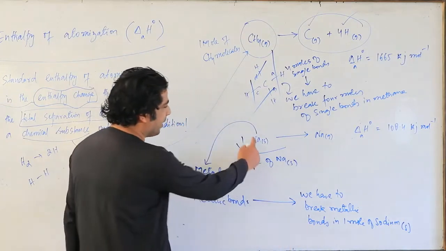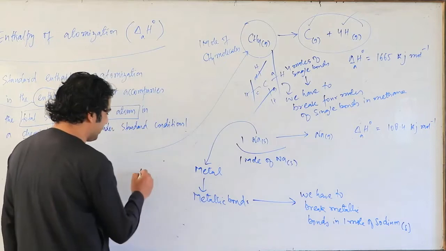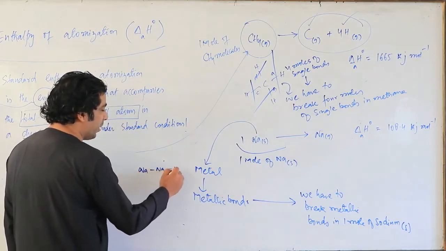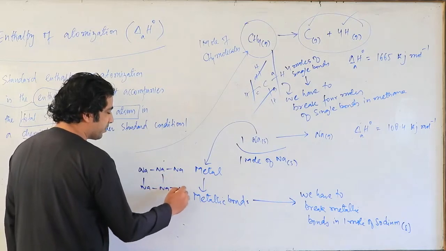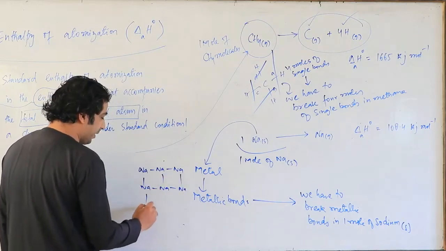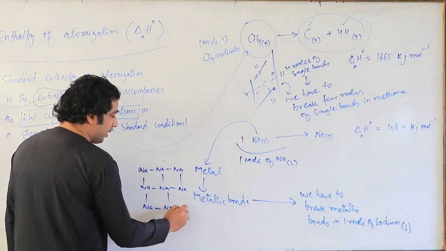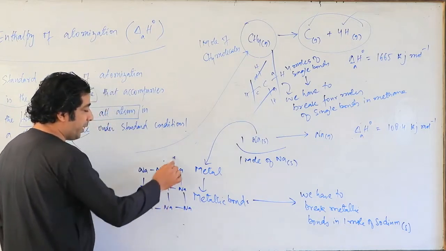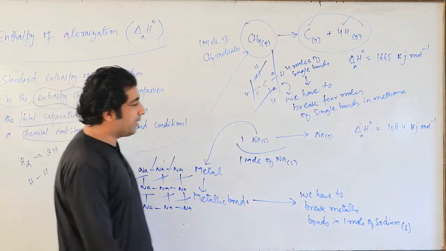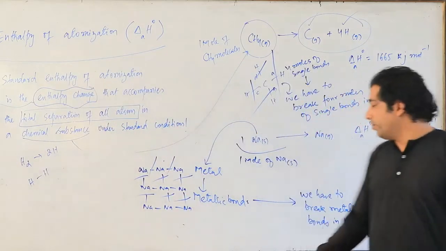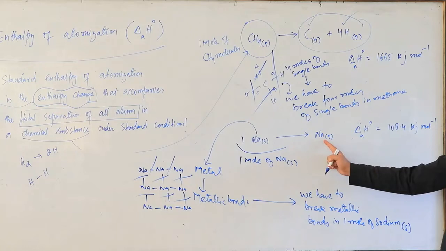When we break the metallic bonds in 1 mole of sodium, it's just like this, we'll represent it. Let's suppose we have metallic bonds like this in sodium, just for understanding. So we have to break all those bonds in sodium solid. And then finally, the sodium solid will change into sodium gas.